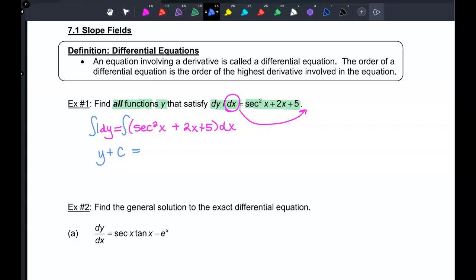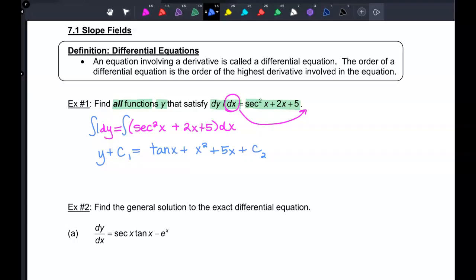On the right side, the antiderivative for secant squared is tangent x, 2x becomes 2x squared over 2, so x squared, plus 5x, plus another c. I'm going to put subscripts on these because we don't know the value of c.